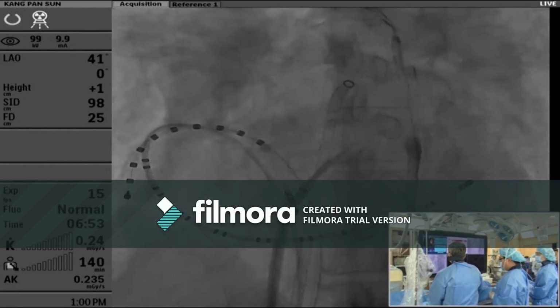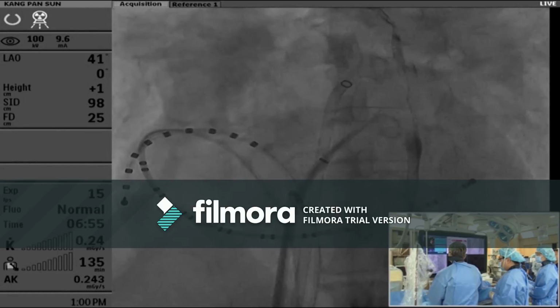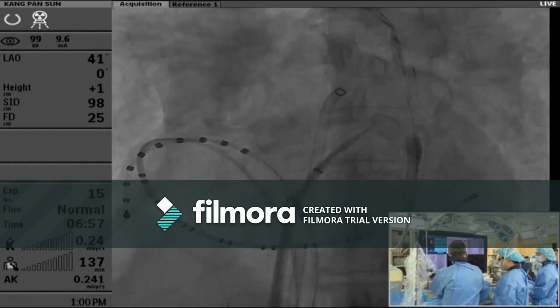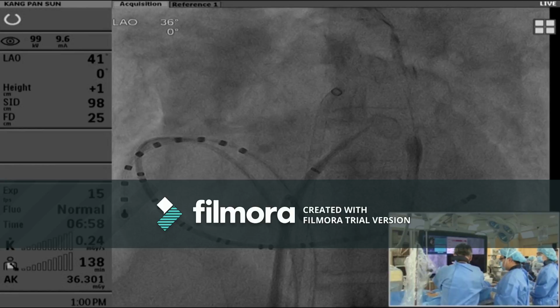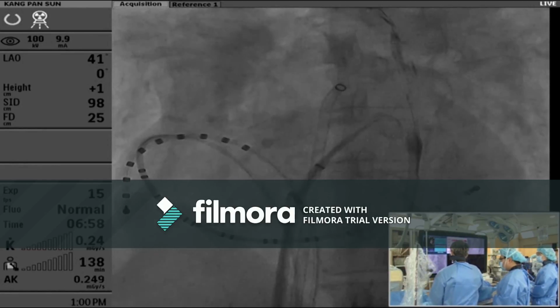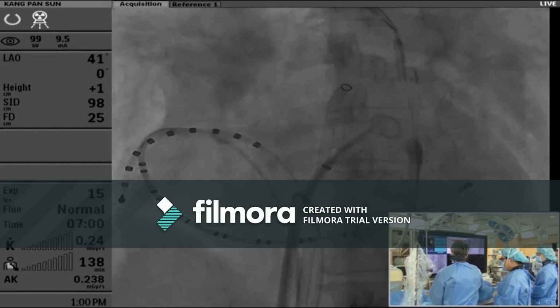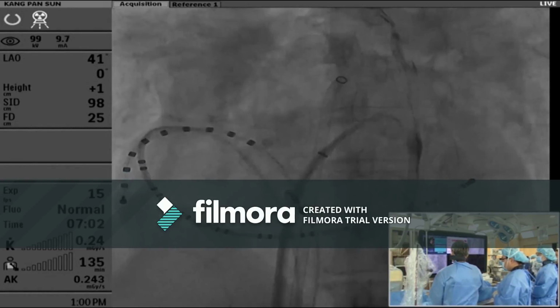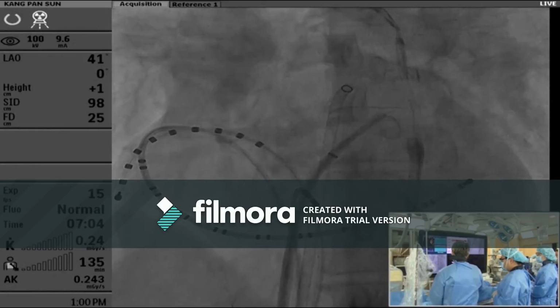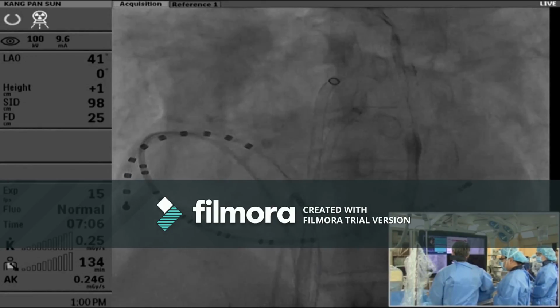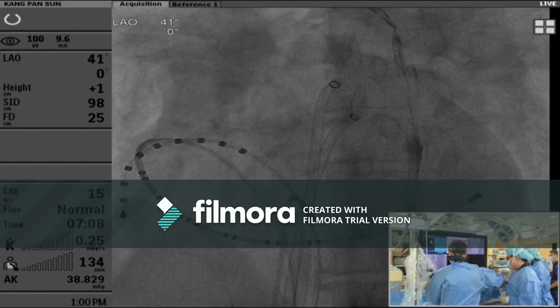So you will see the sheath is initially downward and upward in the swing, after we remove the needle and dilator. Here like this, I insert and then okay like this. That's very important.